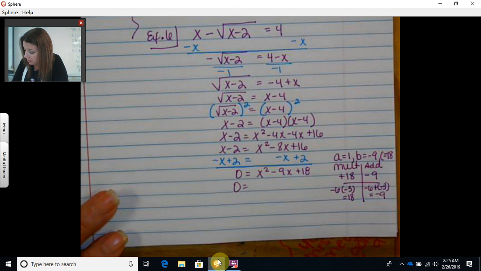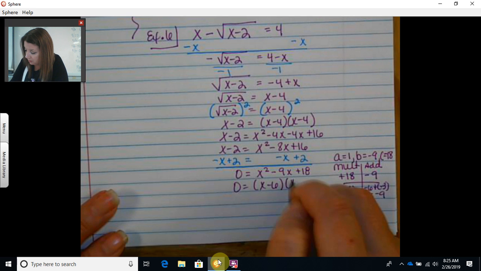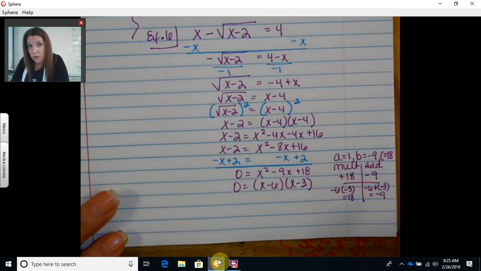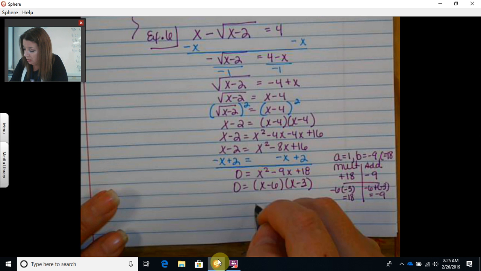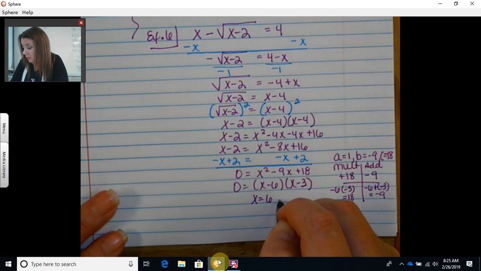So that's perfect. 0 equals x minus 6 times x minus 3. And would we divide and slide? No. So now it's time for my solutions, finally. So x minus 6 equals 0. What would x equal? 6. x minus 3 equals 0. What would x equal? 3.